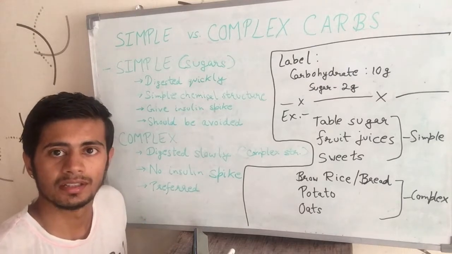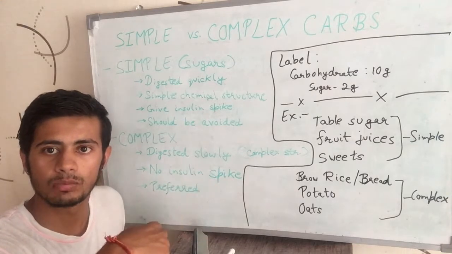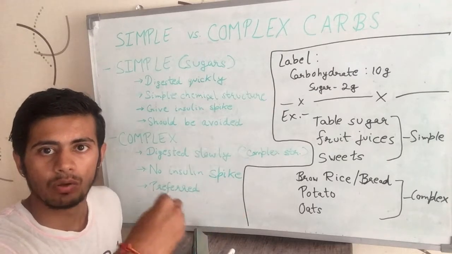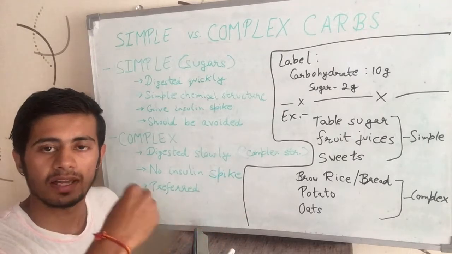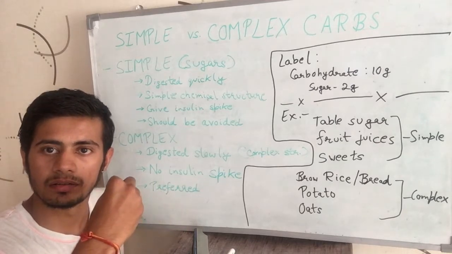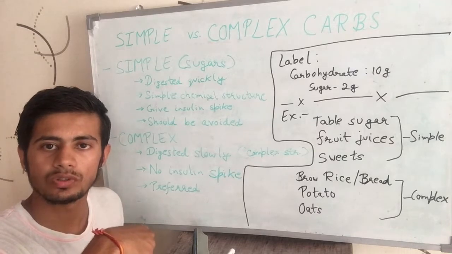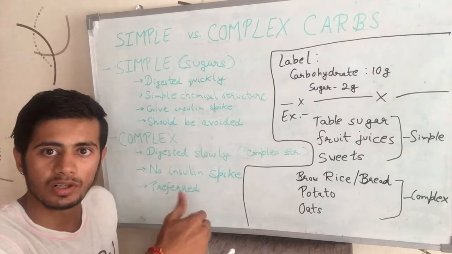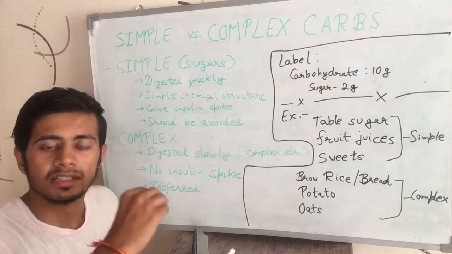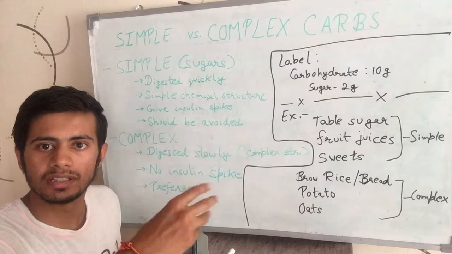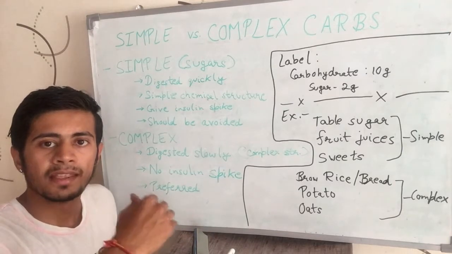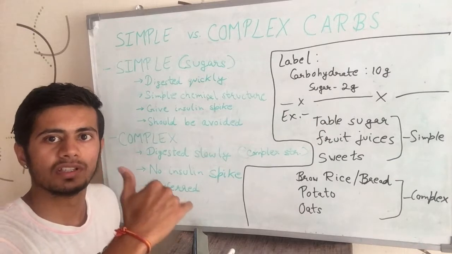So let's say it got digested, some of it came into your blood, and then it got used in whatever you were doing, or your body stored it in liver or muscle glycogen stores, and then some more of it got digested. Then again your blood sugar went up a little. Then again your body used it in any activity that you were doing, or it got stored in liver and muscle glycogen stores. Hence, there was no insulin spike.